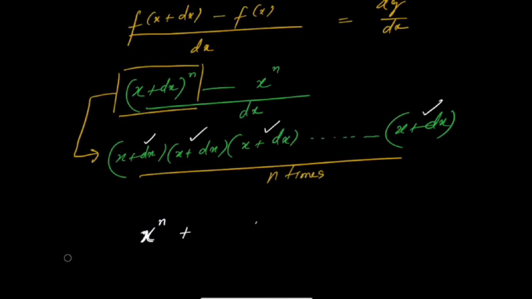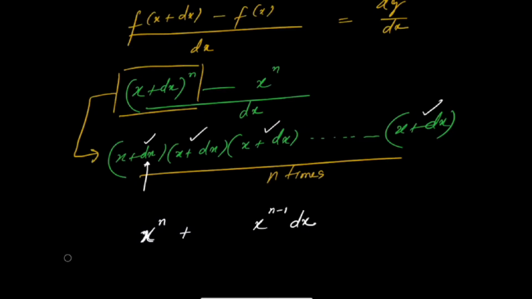Plus, the next term will have x power n minus 1 times dx. You get this term when you take dx from any one bracket and x from all the rest of the brackets. So while multiplying, you take dx from any one of the parentheses and take x from all the rest.